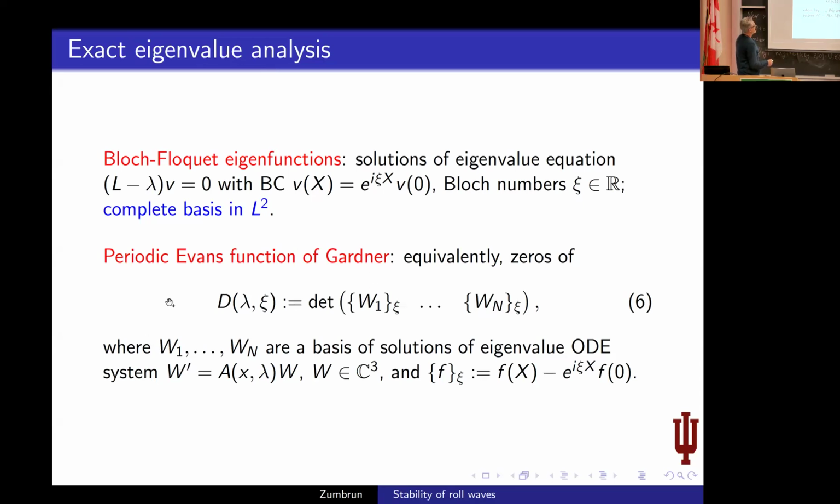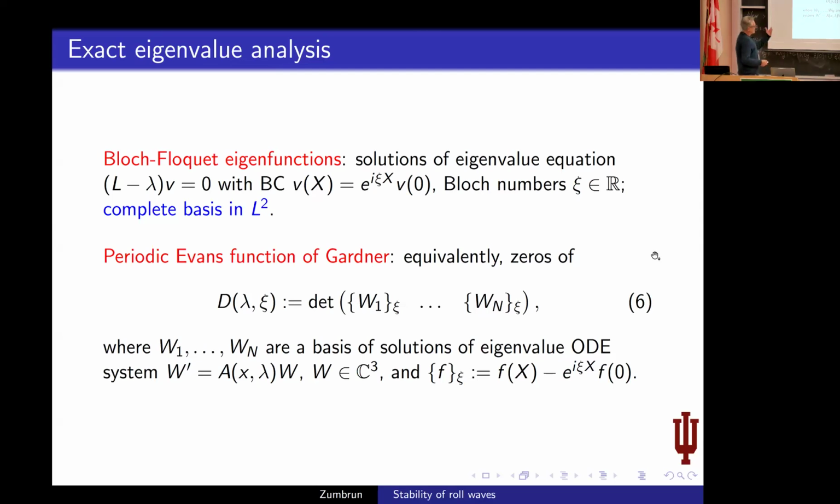And then the periodic Evans function introduced by Rob Gardner: we are going to look for eigenvalues by looking at all solutions of the interior equation on one cell, and then we'll check whether the boundary conditions are satisfied. One way to do this is to solve from left to right, starting with the identity, to find a fundamental solution. Then this bracket with the Xi is defined to be the difference between the right end state and the starting end state at 0 times this twisting.